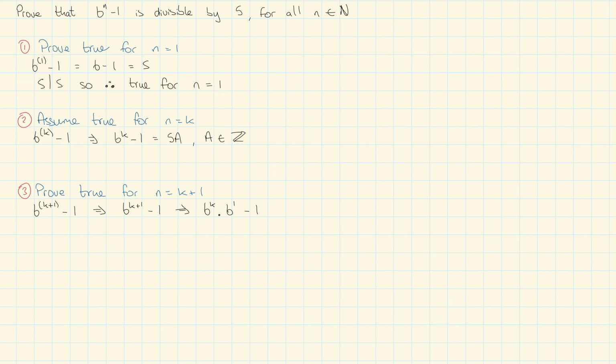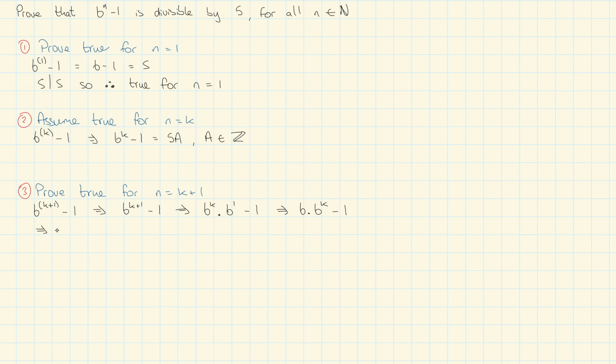And then all we have to do here now is a little bit of rearranging. So we're going to have 6 times 6 to the power k minus 1. And now what I want to do is this 6 here, I'm going to split it up into 5 plus 1.